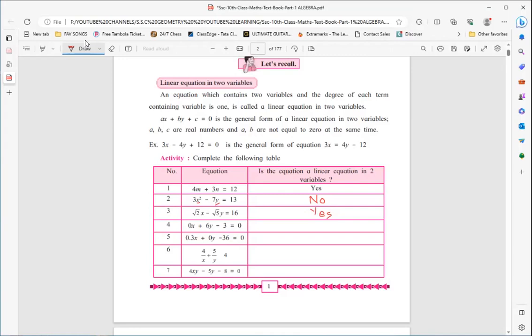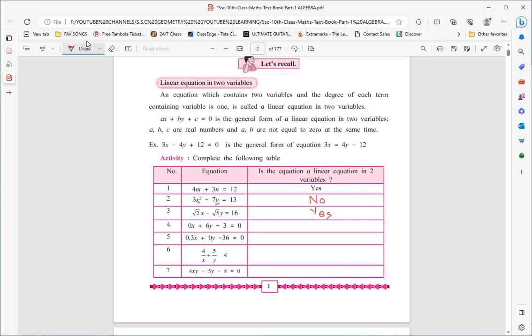0x plus 6y minus 3 equal to 0. Here it is showing 0x, and anything multiplied by 0 is 0, so x is gone. The equation remains 6y minus 3, so there is only one variable here.